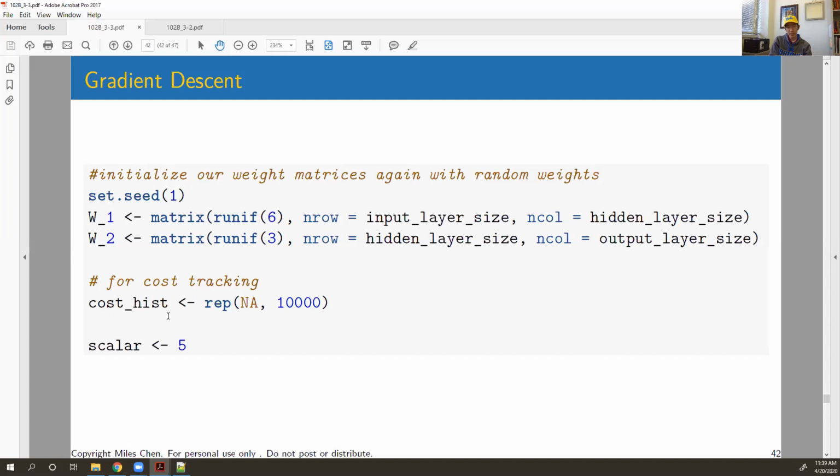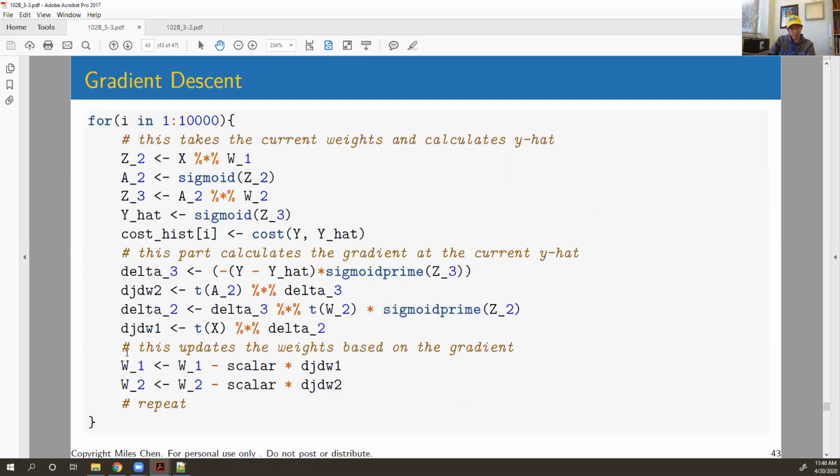I want to see how the values change. And this is my learning rate, the scalar 5. This is just going to be my arbitrary learning rate.